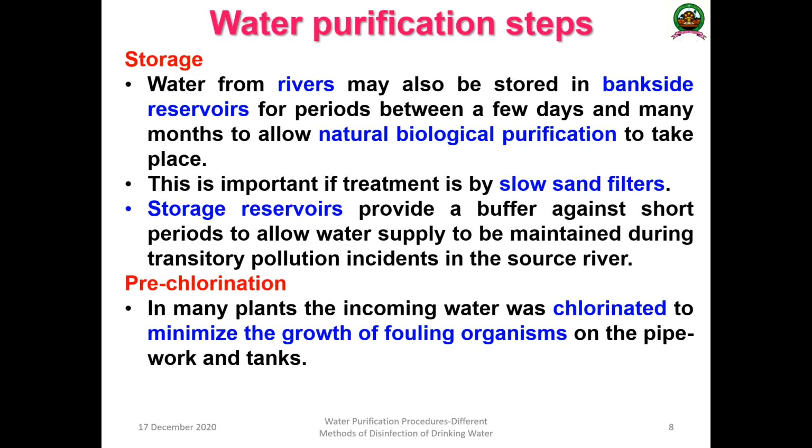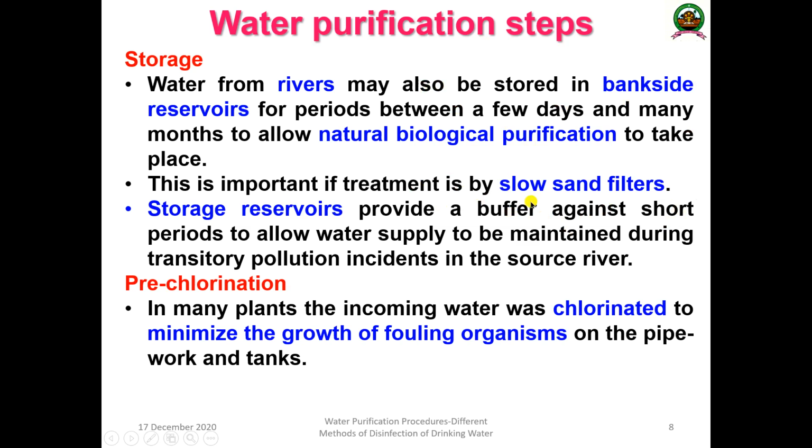The next one is storage. Once the water is pre-screened, the water from the rivers may also be stored in bankside reservoirs for a period between a few days to many months, to allow natural biological purification to take place, especially natural biological processes by algae, bacteria, etc. This is important for treatment by slow sand filter.